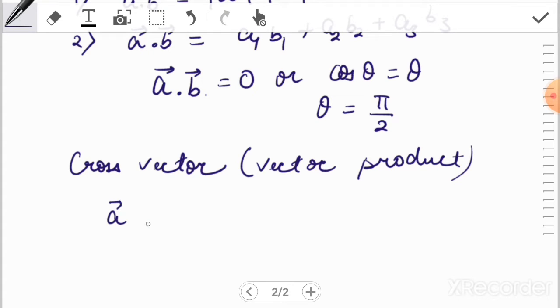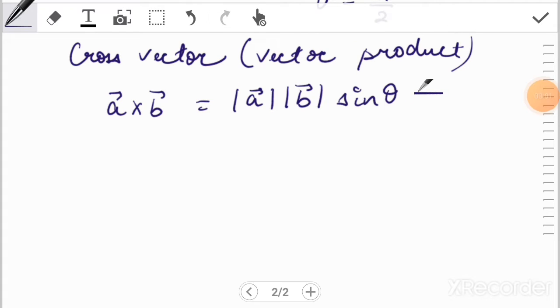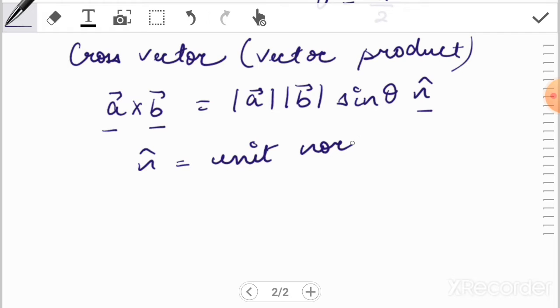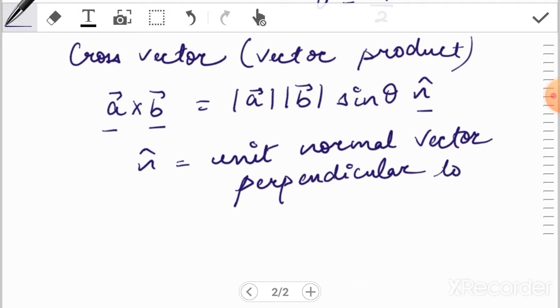A cross B is defined as magnitude A, magnitude B and sine theta, and of course n vector, such that A vector, B vector and n vector form a right-handed system, where n is a unit normal vector perpendicular to the plane of A and B.